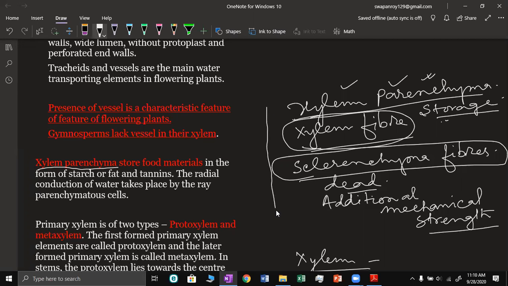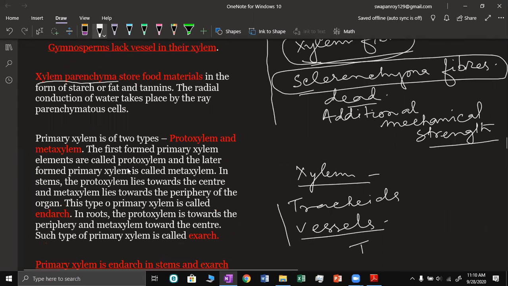Xylem and phloem are mainly for long distance translocation. If they are not very strong, and are damaged easily, then there will be a problem for the plant.